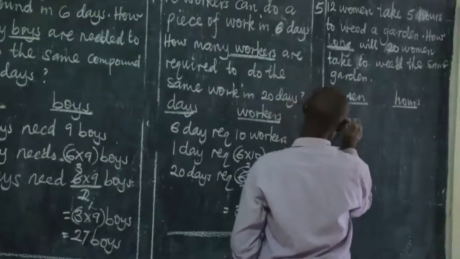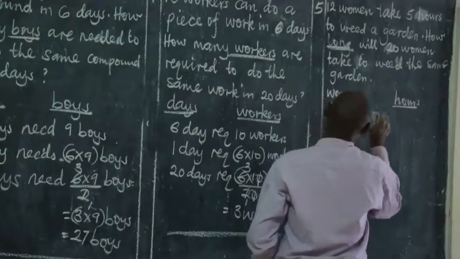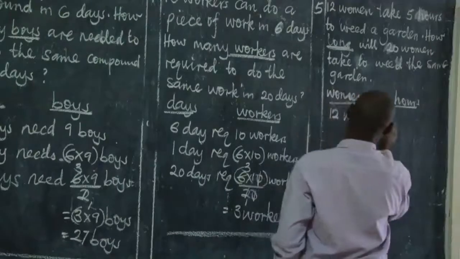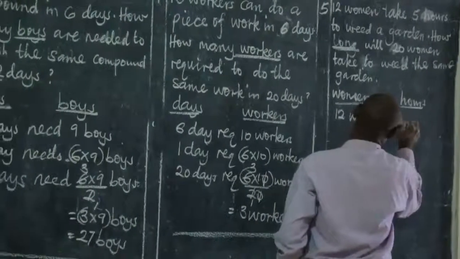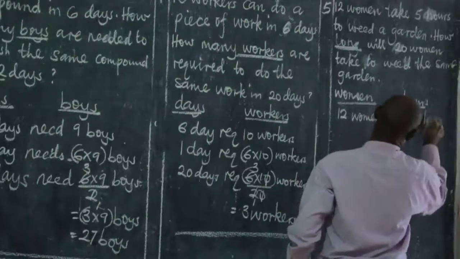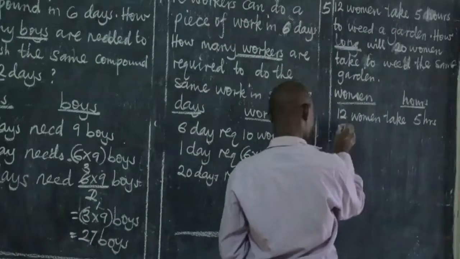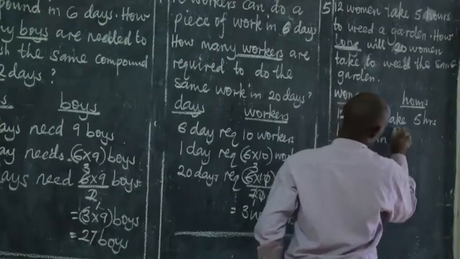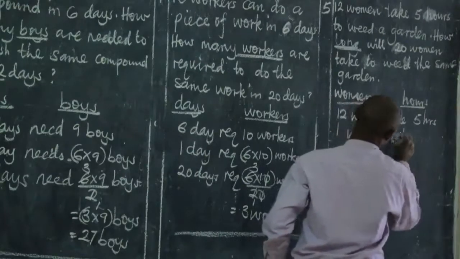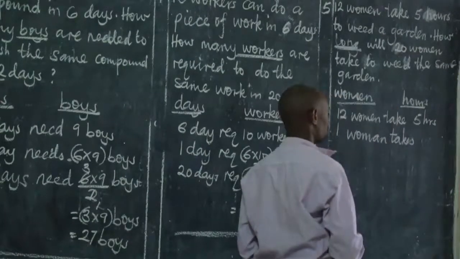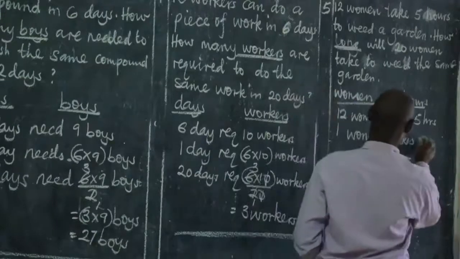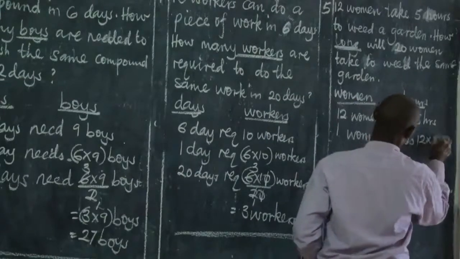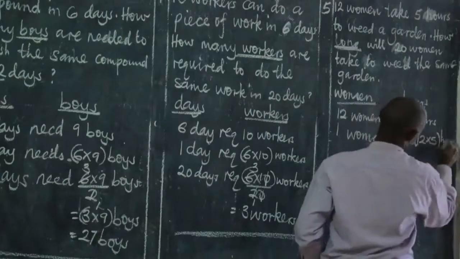So 12 women take 5 hours. What about if it is 1 woman? So 1 woman takes longer time. That will be 12 times 5 hours.